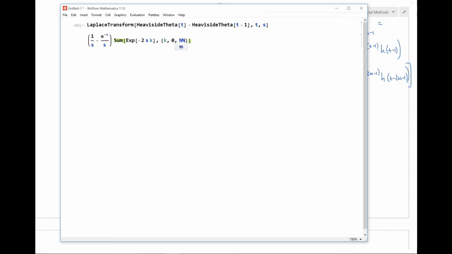I'm going to add only some small number of terms, because each one of the exponential factors here in the Laplace transform domain means a shift in the time. And if we look at the finite time domain, then at some point all of those shifts are going to be outside of the time domain that we're looking at, and therefore they won't matter for the big picture. So it is absolutely okay here to add only a few terms.